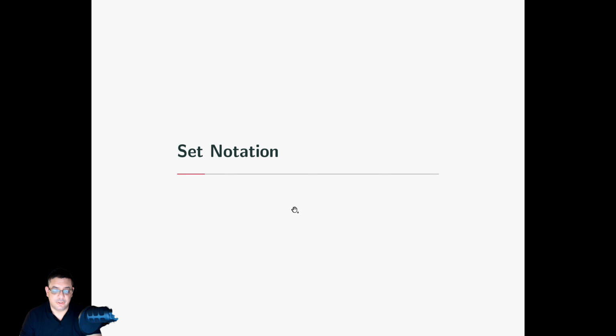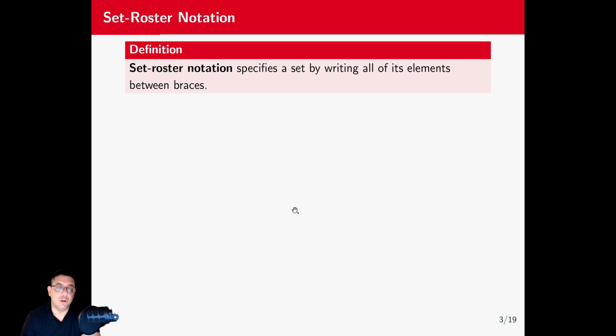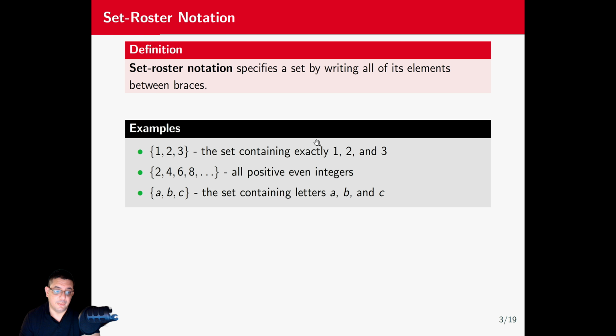Now let's go back to set notation. We have a couple of set notations that are possible. We have roster notation, which specifies a set by writing all the elements between braces. So we have {1, 2, 3} here, which is a set containing exactly 1, 2, and 3. We have {2, 4, 6, 8, ...}, which here means all positive even integers.